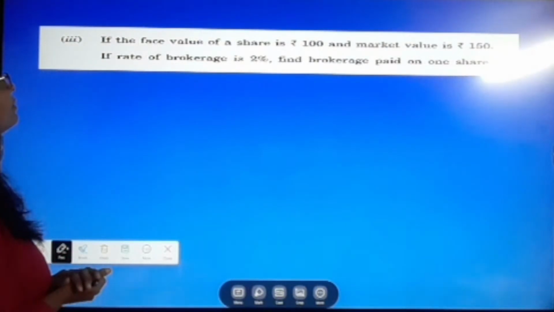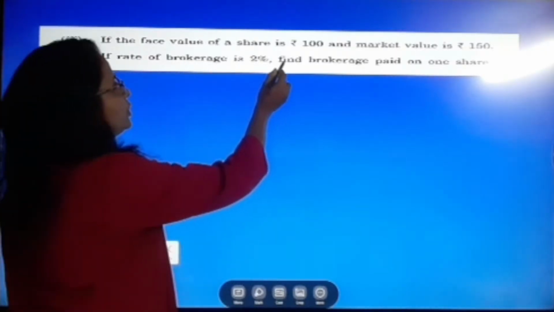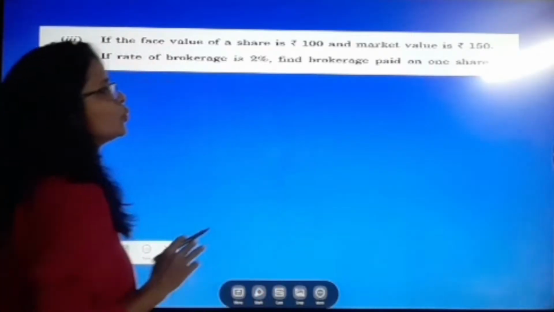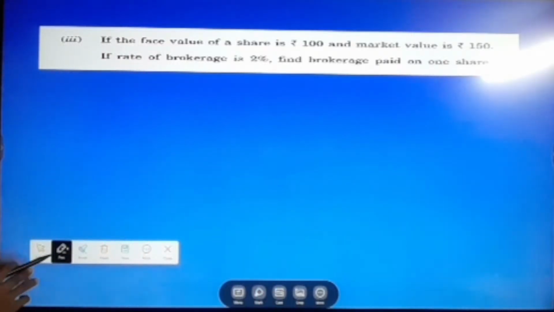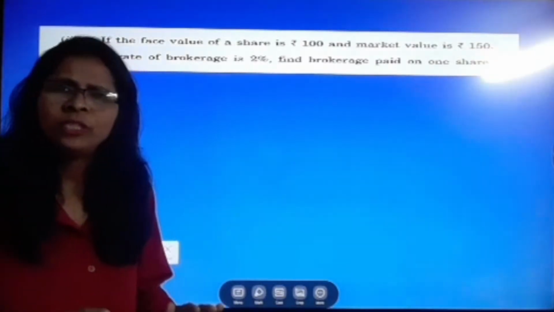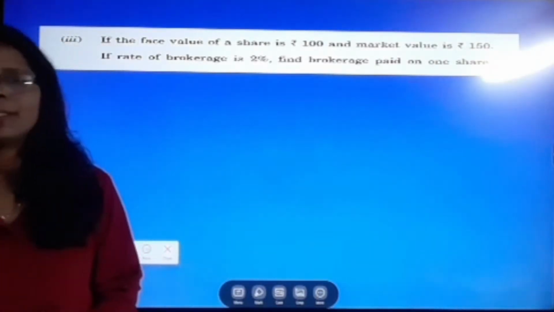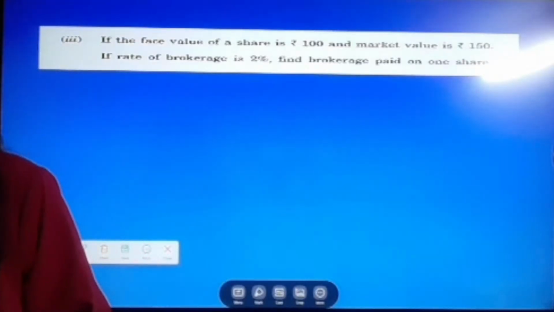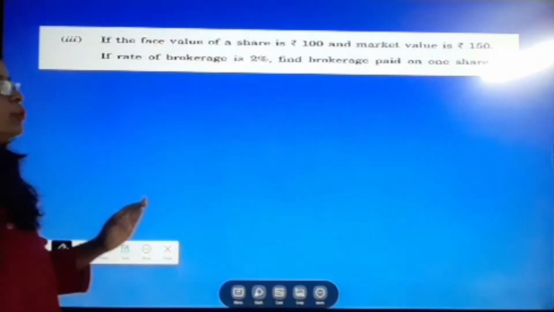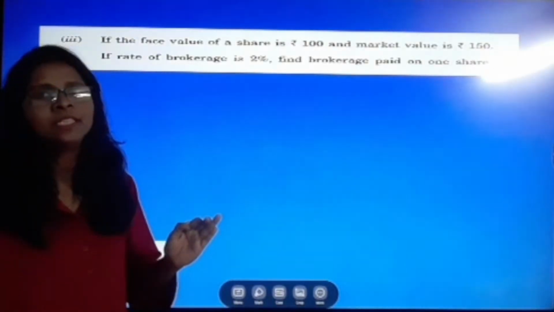Then third one: if the face value of a share is rupees 100 and the market value is rupees 150, if the rate of brokerage is 2%, find the brokerage paid on one share. Yes students, first we have to write down the given.